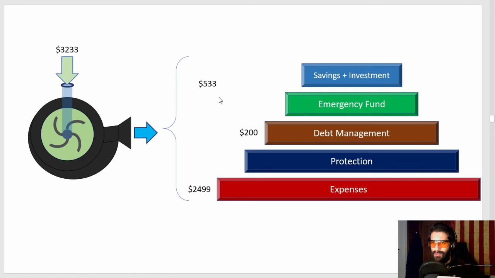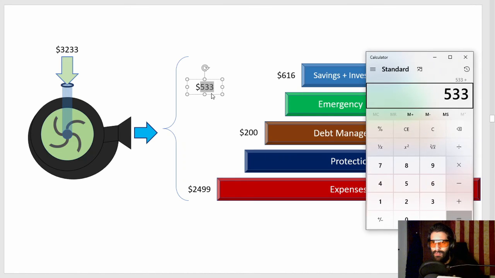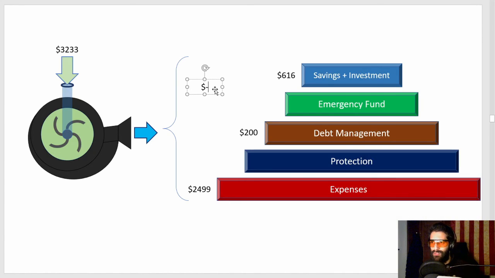Then we have 616 each month going into savings and investments. And that brings us down to a negative amount over an average period of time. I don't know, whatever that is. What number was I at before? Says 616. Okay, so we're not negative 83. All right. So that's sort of what's happening.